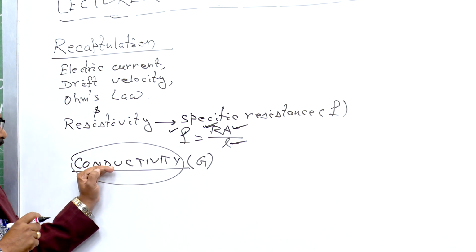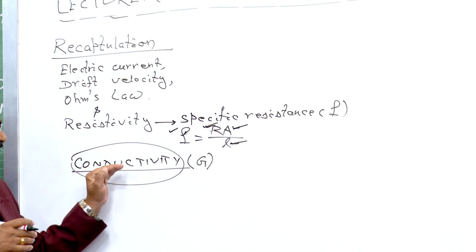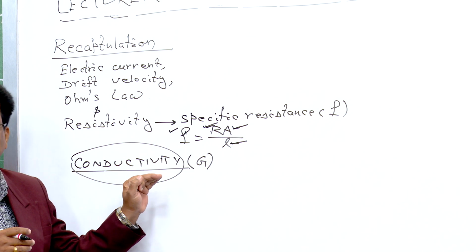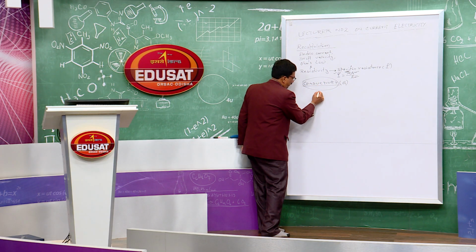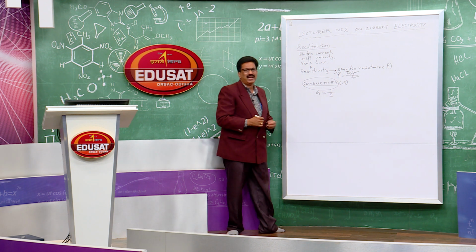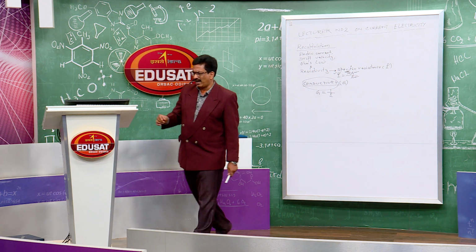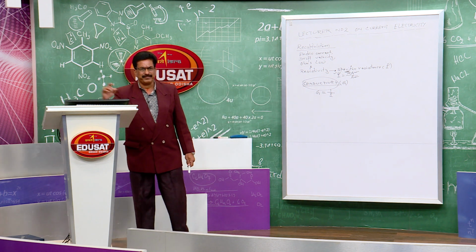So, a body which conducts more or less, according to that we go for its conductivity. This conductivity is equal to the reciprocal of the resistivity. Conductivity is defined as the reciprocal of the resistivity.